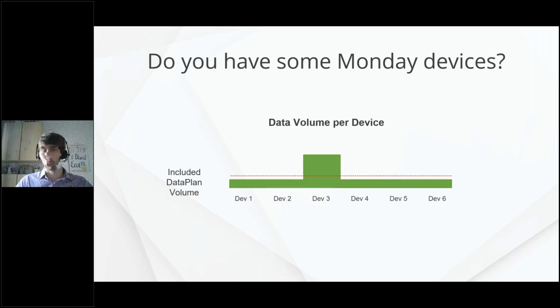And then for whatever reason, if the chipset is wrong or something in the firmware, there are a couple of devices that are just overspending. They're using a lot more data than other devices.